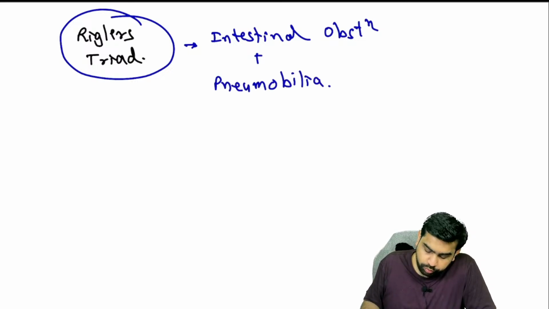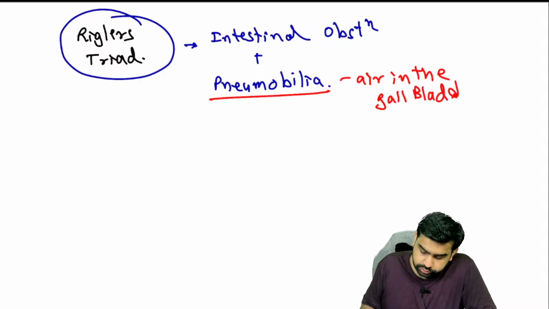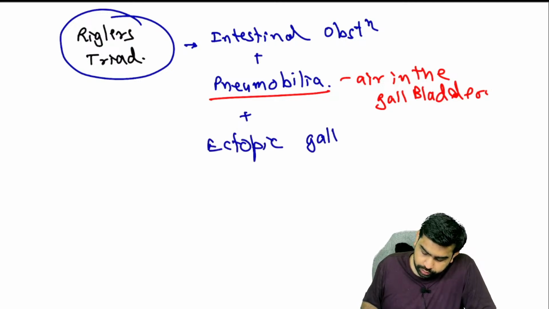What do you understand by pneumobilia? Pneumobilia basically means that there is air in the biliary tree, and along with this, you have an ectopic gallstone.